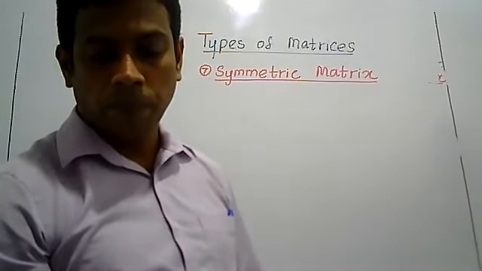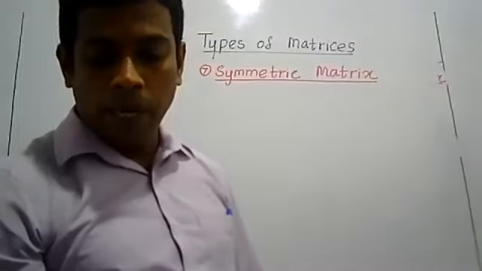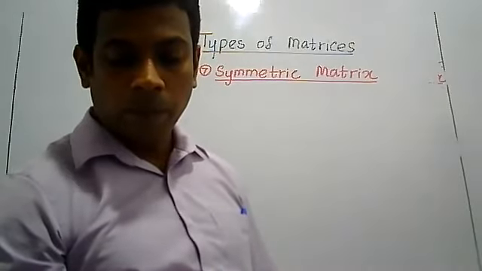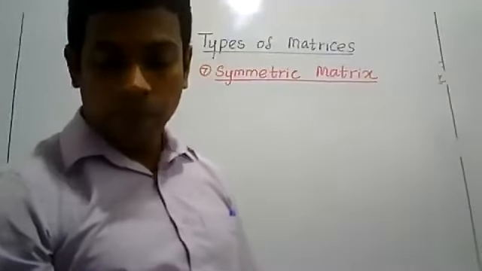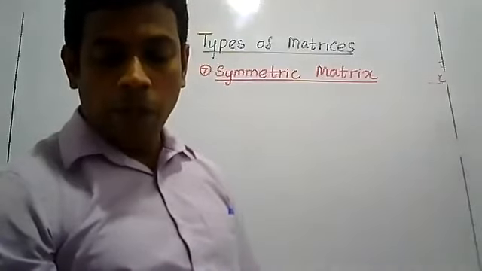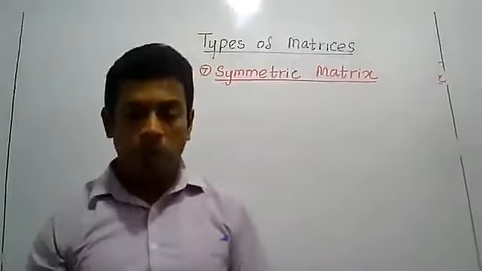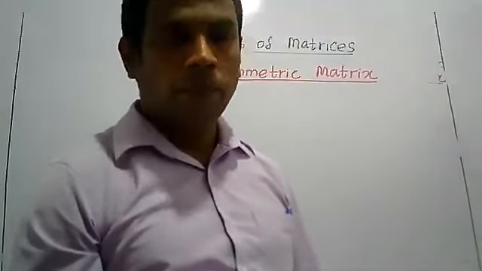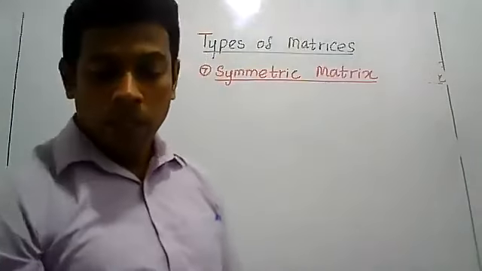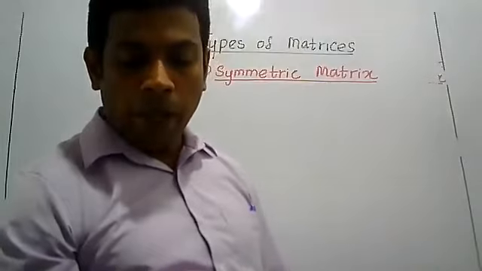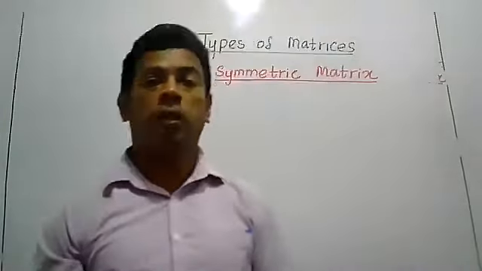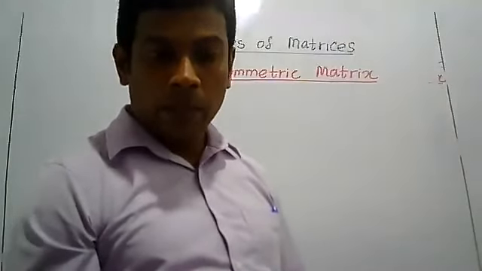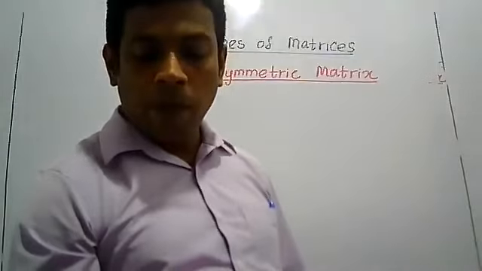The elements around the main diagonal which are equal to each other are placed symmetrically about the main diagonal.